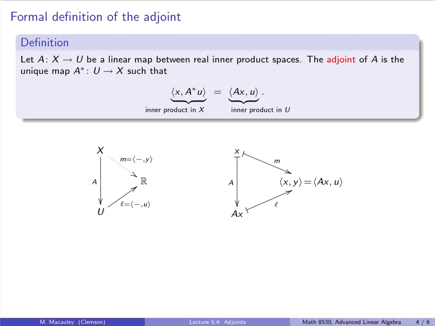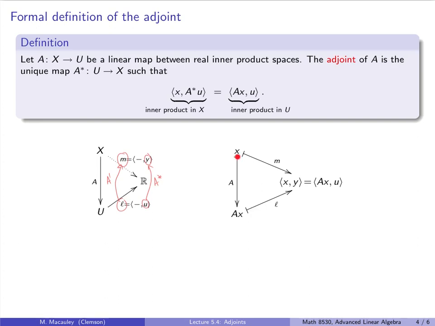So it may not be clear right away why this algebraic definition is equivalent to this diagram that I gave you, saying that A star literally maps, I should say A prime maps L to M, so A star maps U to Y. But I think if we understand it element-wise, something that I put in the previous slide but didn't really go over, it will make this connection more clear. So let's do that.